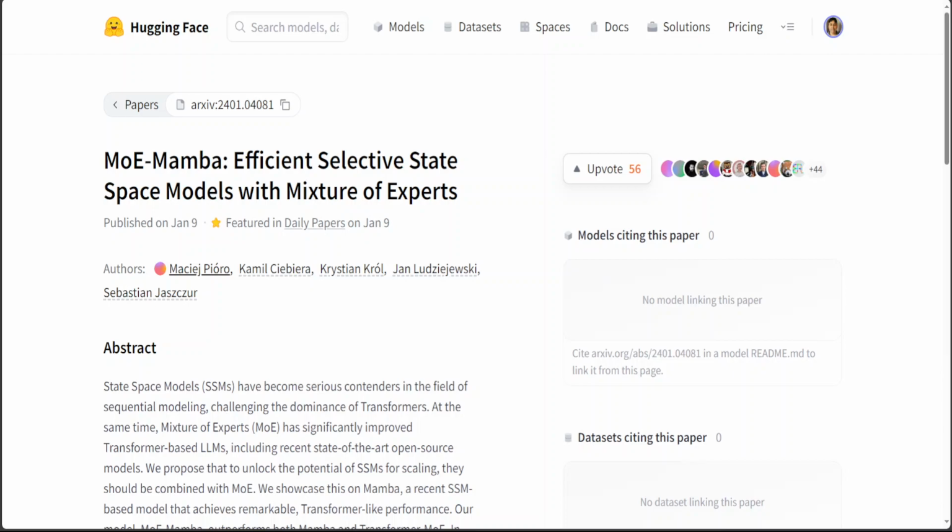MoE-Mamba, or mixture of expert Mamba, has reached the same performance as Mamba in 2.2 times fewer training steps while preserving the inference performance gains of Mamba against the transformer. So a truly groundbreaking innovation in terms of mixture of experts plus this state space architecture.